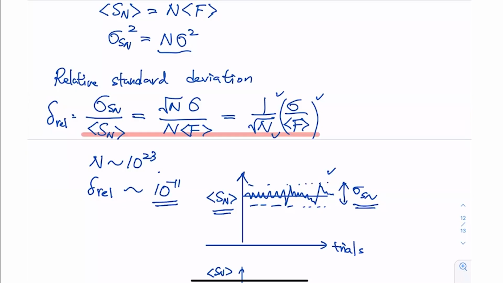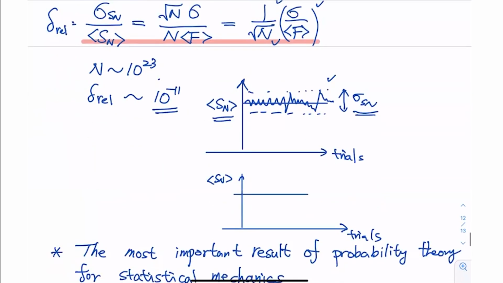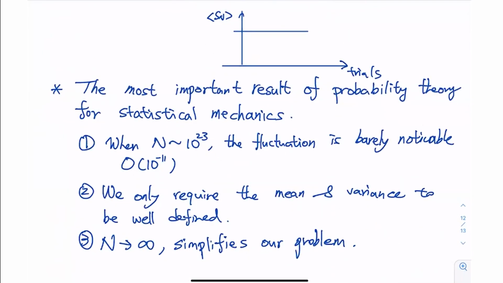So what we have observed in these simple examples, or in the past two lectures, is that when n goes to infinity, or when n is really large, it can help us to simplify our result. And here we can see that how we simplify our result is that it suppresses the fluctuation of our physical observables, such that when n is large, it is possible to have some regular physical behavior.